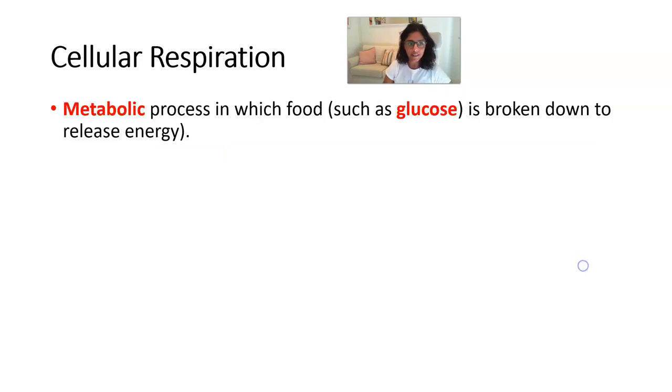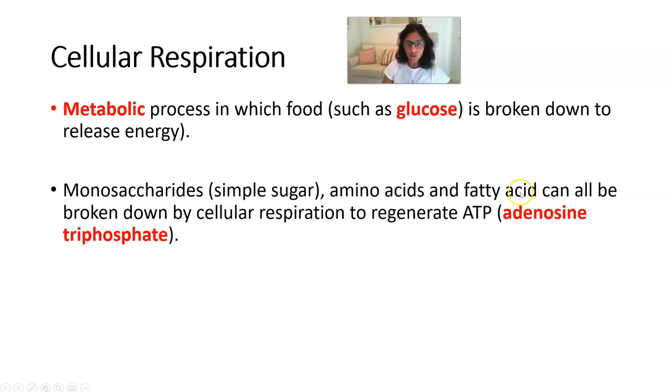Okay, so let's look at cellular respiration and what it is. As we've already established, it's a metabolic process, so it's a series of chemical reactions in which food, chiefly glucose, is broken down to release energy. We focus on glucose because it's a monosaccharide.